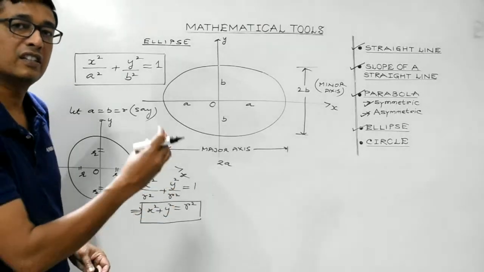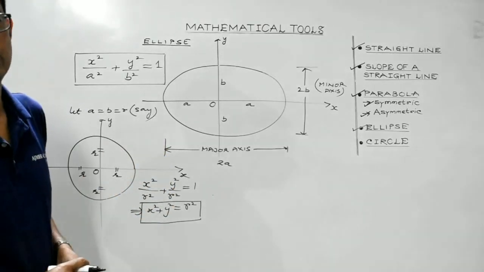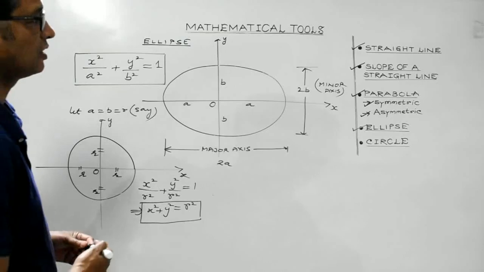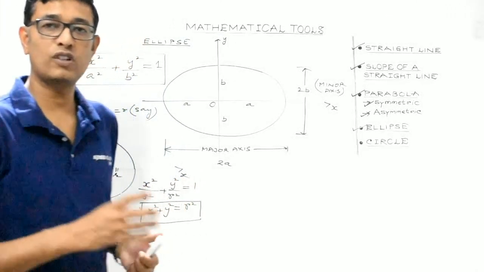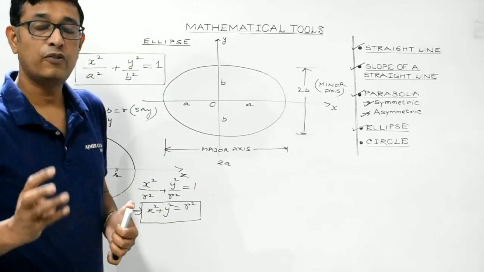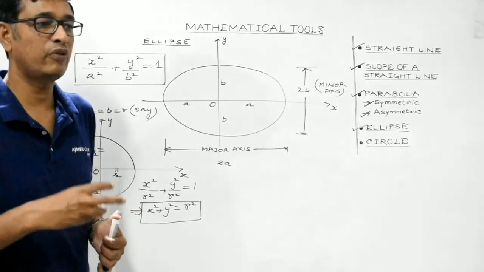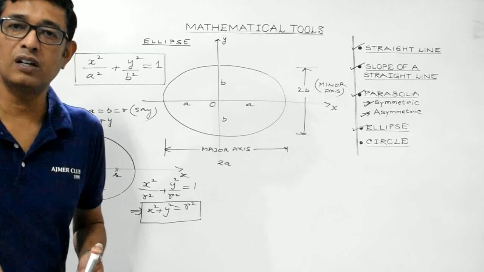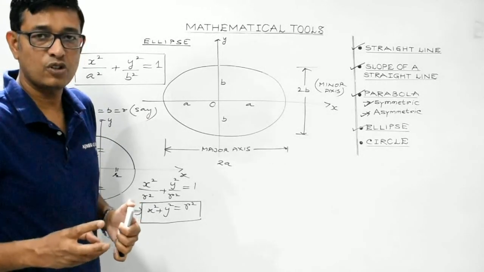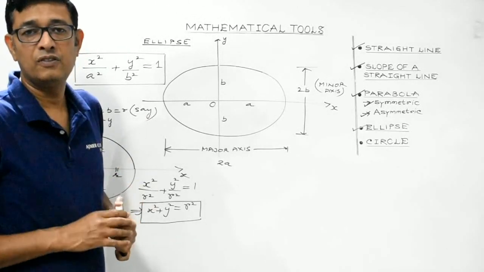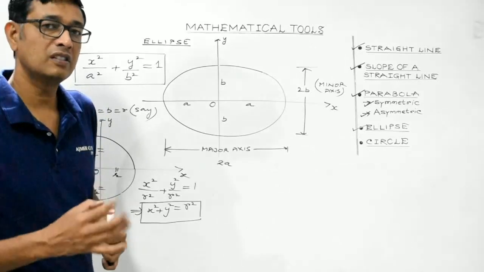Here r is the radius of the circle under consideration. So students, we have discussed the standard equation for a straight line, for a symmetric parabola, for an asymmetric parabola, the standard equation of rectangular hyperbola, the standard equation of an ellipse, and finally the standard equation of a circle.